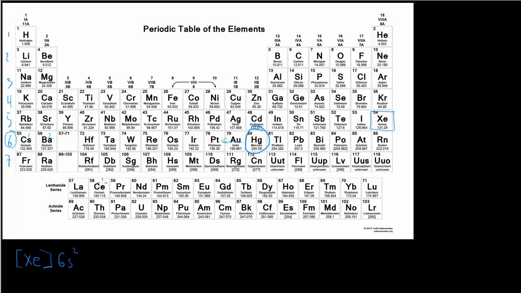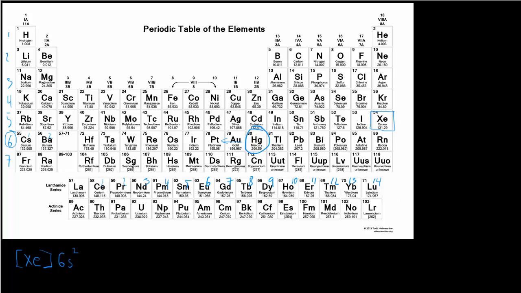And so f1, f2, f3, f4, f5, f6, f7, f8, f9, f10, f11, f12, f13, and f14. So we've worked our way all the way across this little group right here from cerium to lutetium.